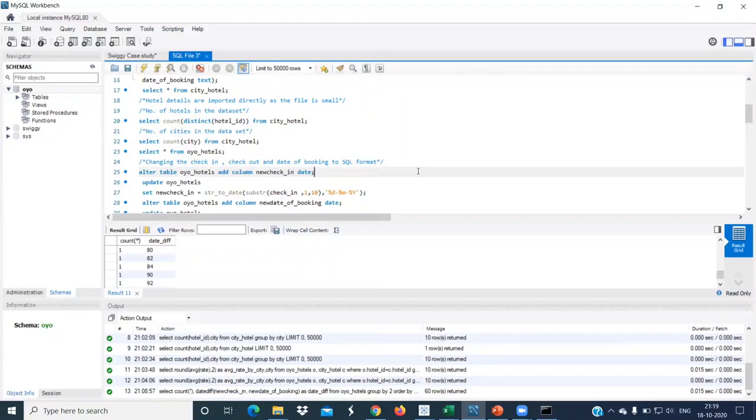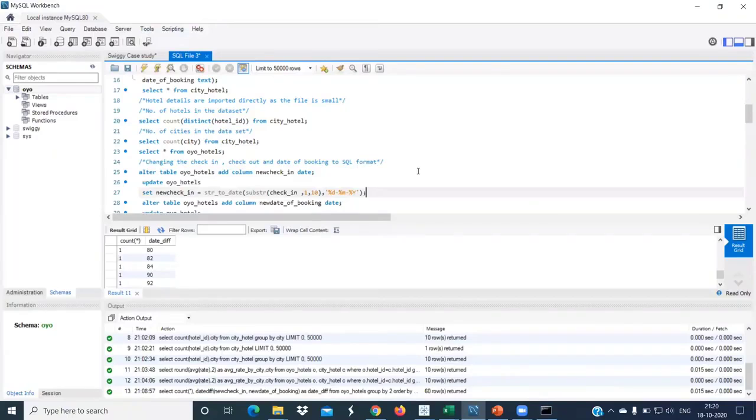So a new column called new check-in date got added, and the old check-in date was converted to the new check-in date in a format which will suit SQL. But the old check-in date will stay status quo. It will not get altered.